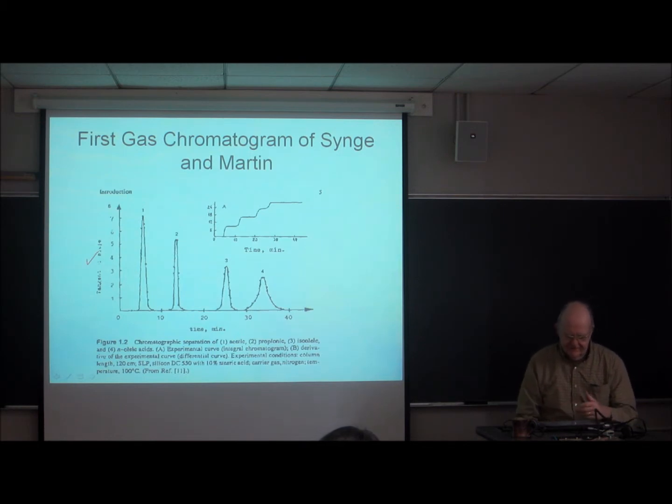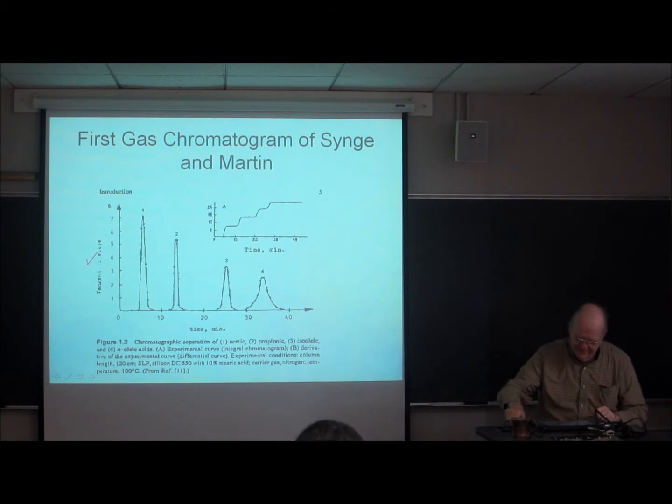The separation that they were doing here was a separation of the lower carboxylic acids. So it's acetic acid, propionic acid, and so on. So the stuff that's coming out the end of the column in the gas phase are acids. So what they did is they bubbled the acids through water and they titrated.